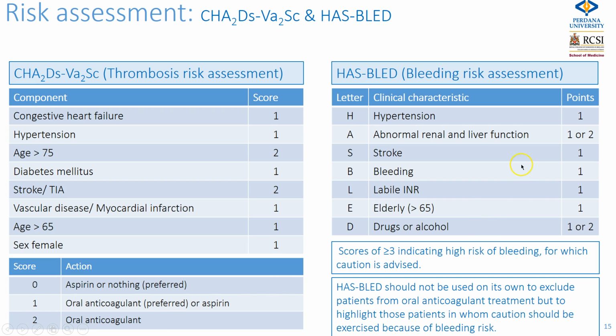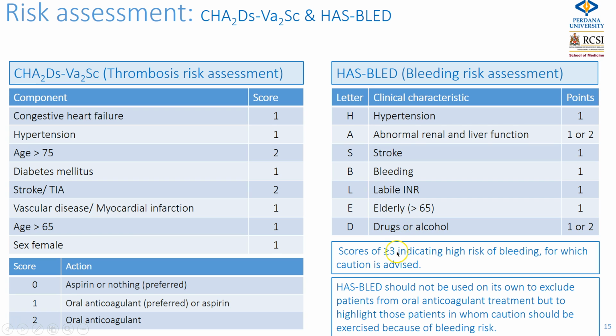The HAS-BLED score is a way of assessing bleeding risk. So this takes into account previous hypertension, abnormal renal and liver function tests, previous stroke, episodes of bleeding, a very labile or chaotic INR previously, if they're over 65, and if they are drinking alcohol or taking other medication.